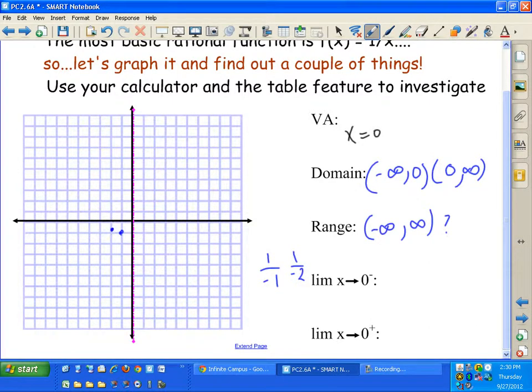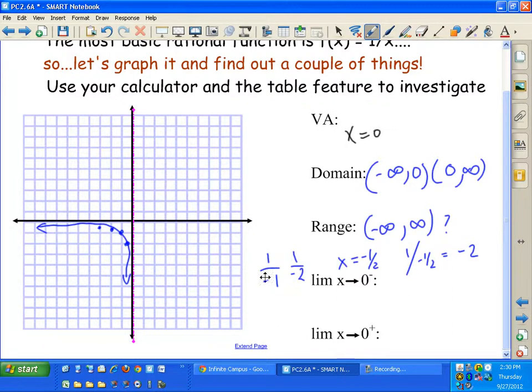If I put in a negative 3, it would be negative 1/3. And if x is negative 1/2, there would be 1 over negative 1/2, which is the same as negative 2. So you can see as I'm getting closer, the graph is dropping. So the graph will do something like this and fall off and approach the vertical asymptote from that way.